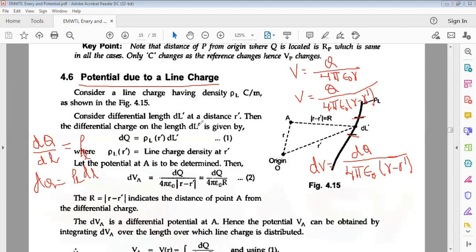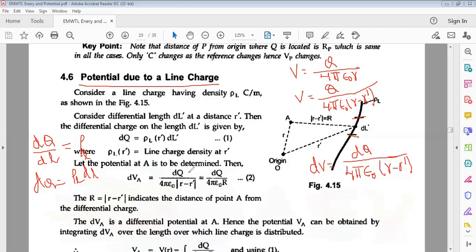Then the differential charge on the length dl bar is given by dq is equal to rho L into dl. Since it is at a distance of r dash, you get rho L of r dash, but there is no need to write it that way; directly we can write dq is equal to rho L into dl. So rho L is the line charge density at r dash.